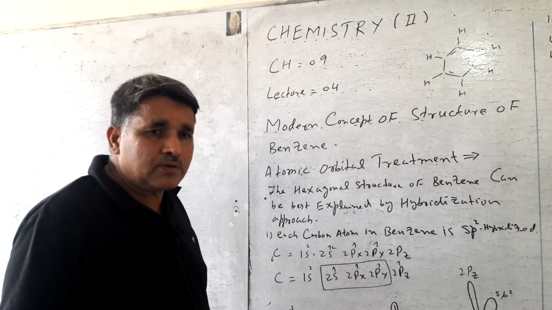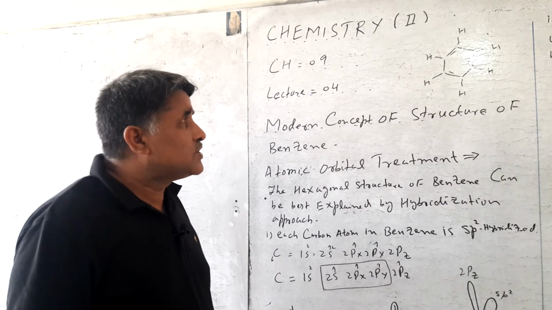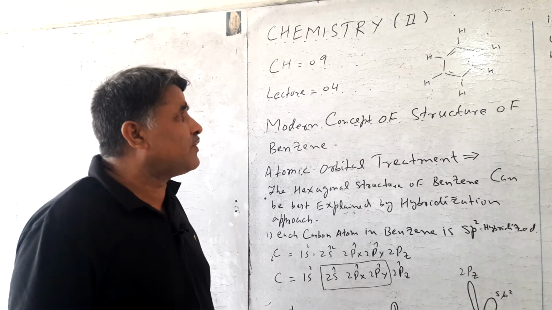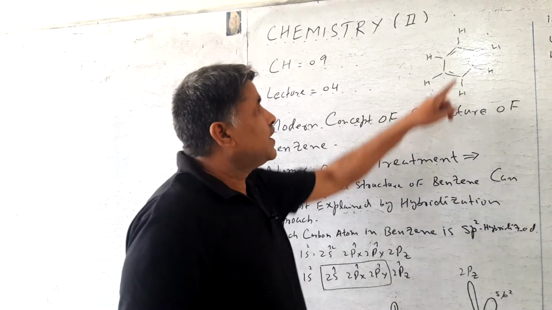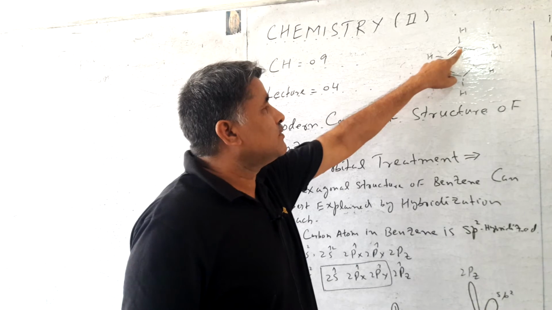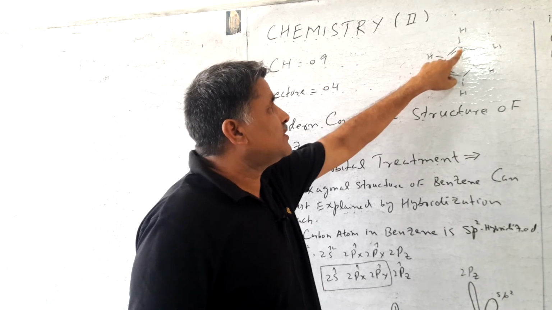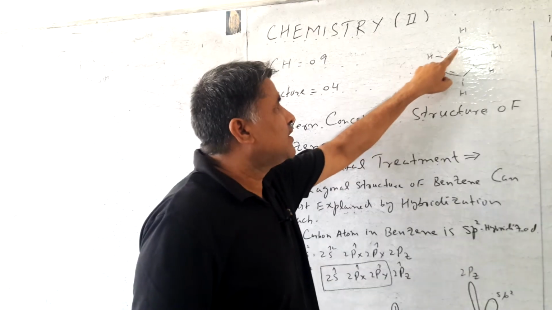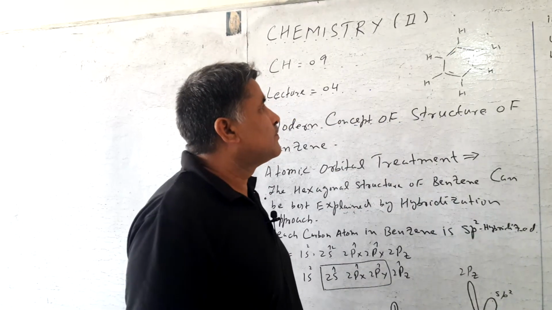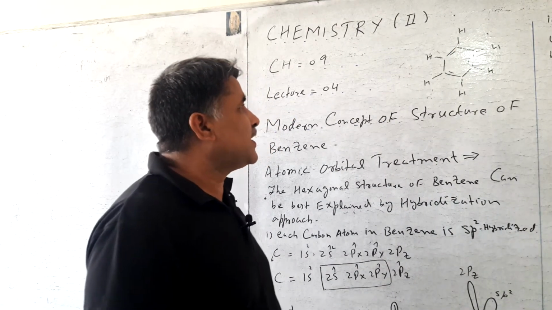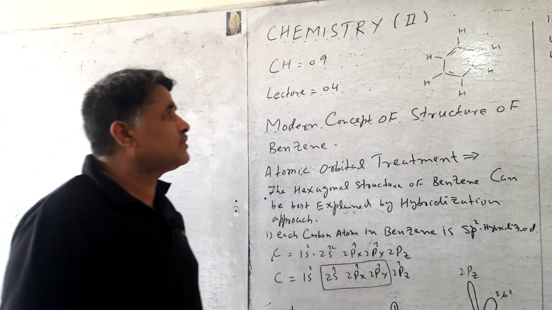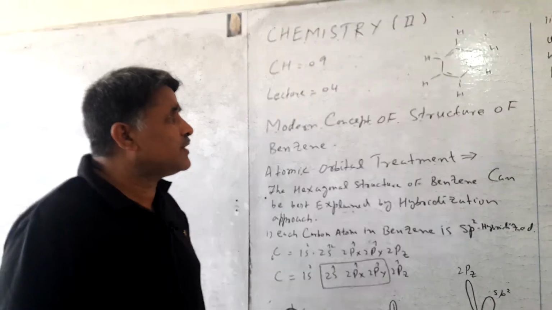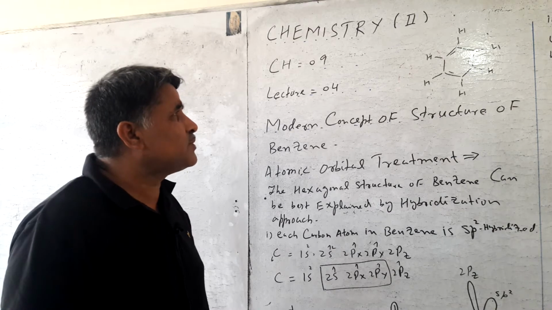When we see the molecular formula and structural formula of benzene, each carbon atom is linked with 3 other atoms, 2 adjacent carbons and 1 hydrogen. It means that in the structure of benzene, each carbon atom is sp2 hybridized.